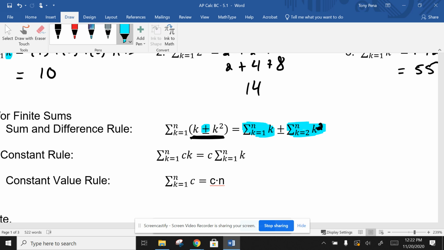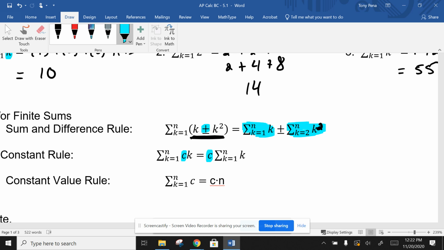If I have a constant rule, so this here is our constant, I could if I want, and again, we don't have to, but as we get experience and see different types of problems and the way things get set up, we could take this c and just ignore it and find the sum of our general term like we did earlier. And then whatever that gives us, we would just multiply by the multiple of whatever we just pulled out in front.